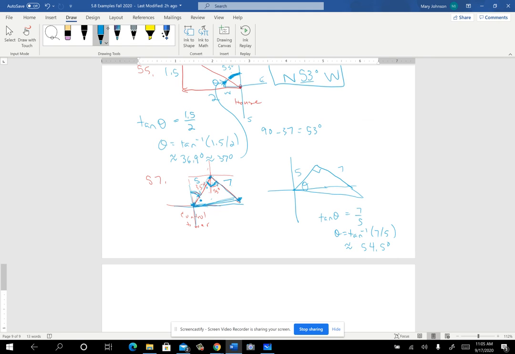Okay, so I know this is 35 right here. So I know this little piece right here was just 55 degrees. And so the 54.5 that I got tells me, so this piece, just this piece from here to here was 55.